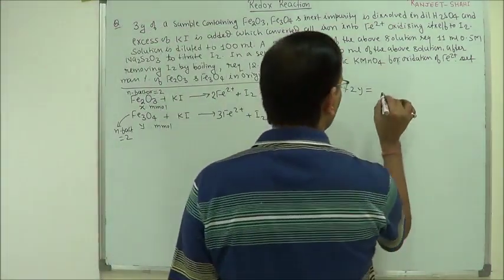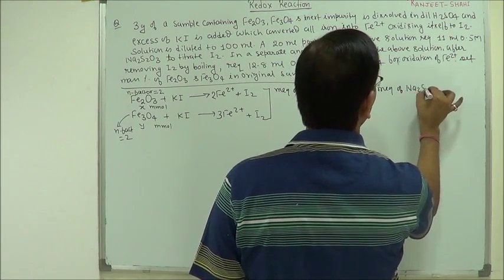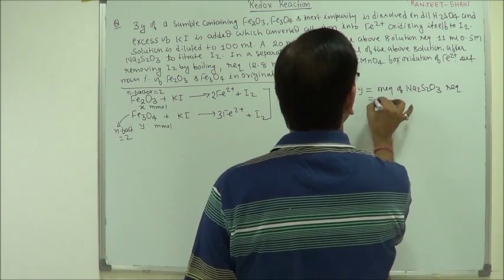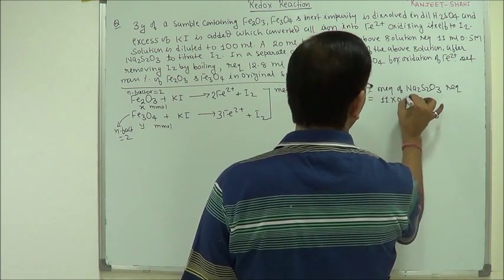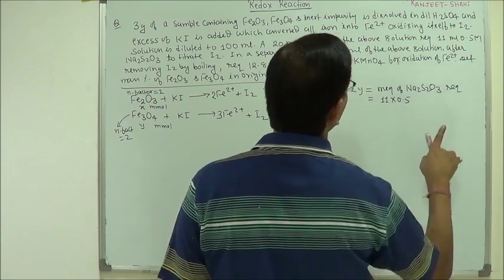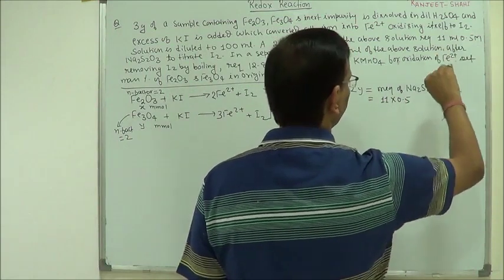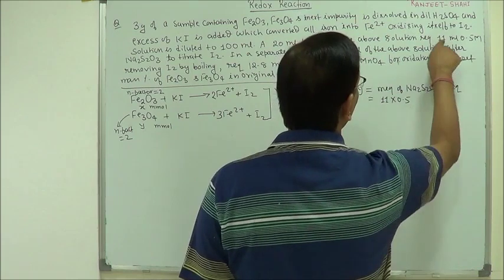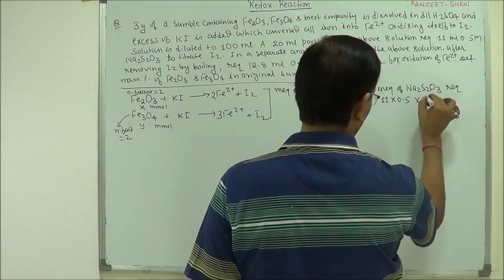It will be equal to milliequivalent of Na2S2O3 required, and that will be equal to 11 into 0.5. Be very careful, for sodium thiosulfate the N factor is 1. So molarity is also normality. So milliequivalent of sodium thiosulfate will be volume required 11 ml into normality 0.5.